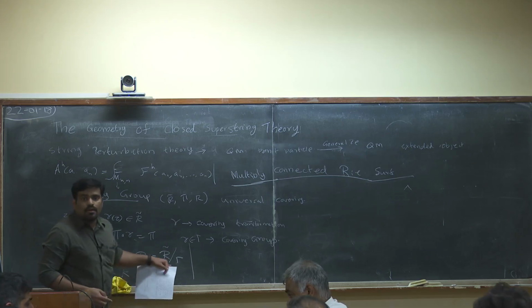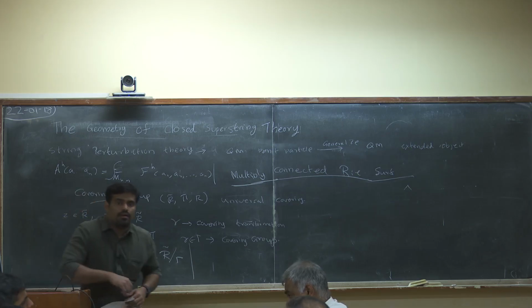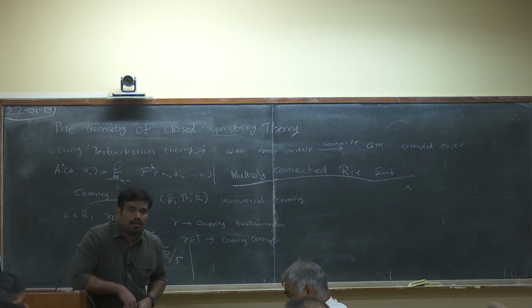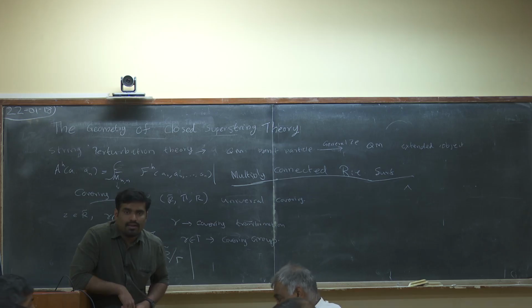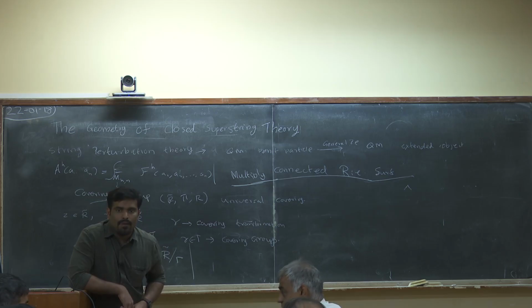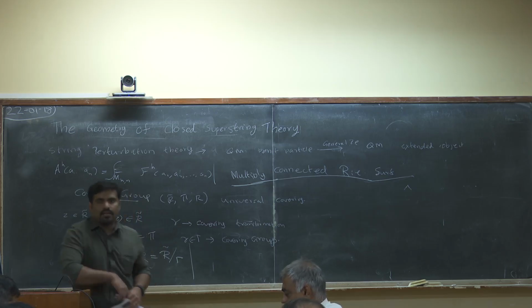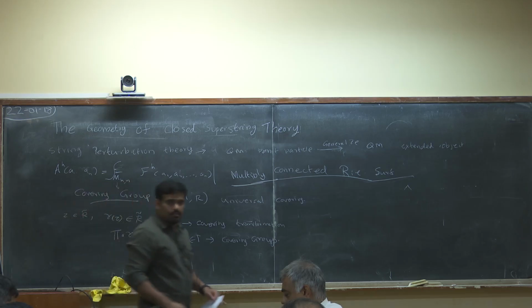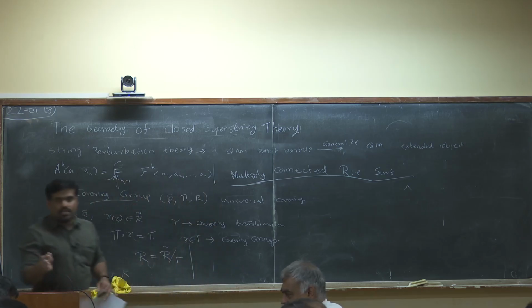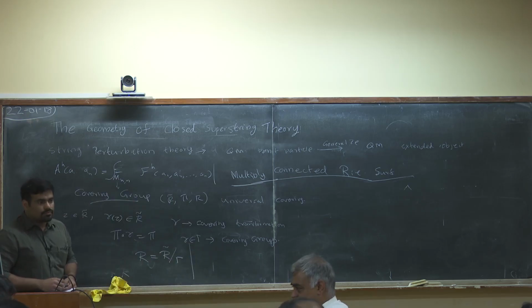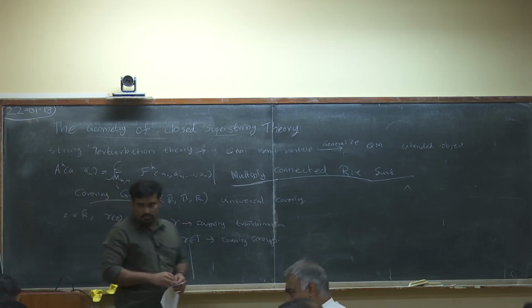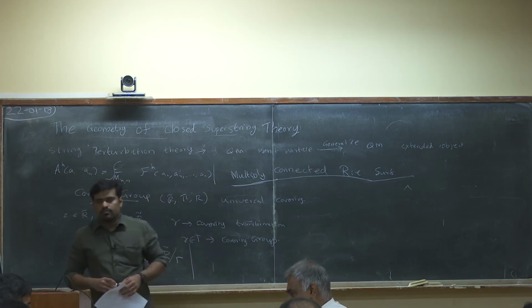It's exactly the covering group. So the question that Shiraz was asking: some complex structure should be preserved so that you can identify with other things.